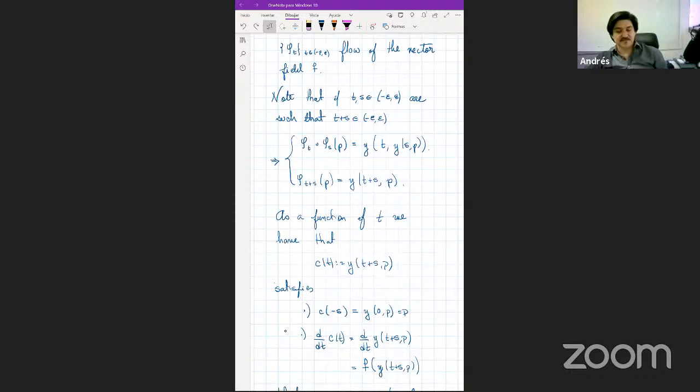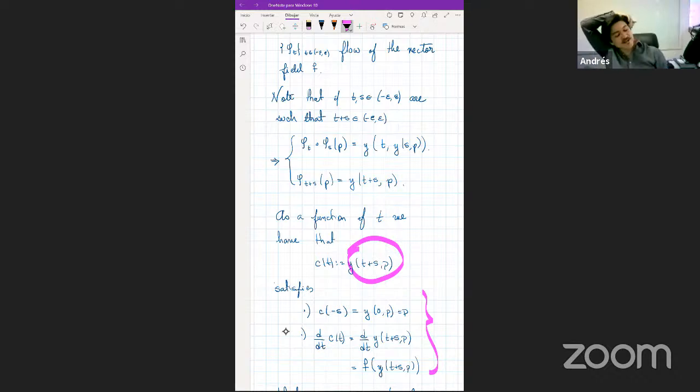But other than that, I have this by the theorem. The derivative is equal to this. So these two things are telling me that this function is an integral curve of the vector field f. But the only restriction is that it is not normalized so that at zero it equals p.